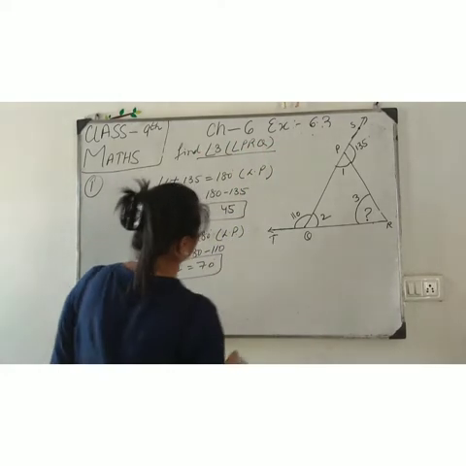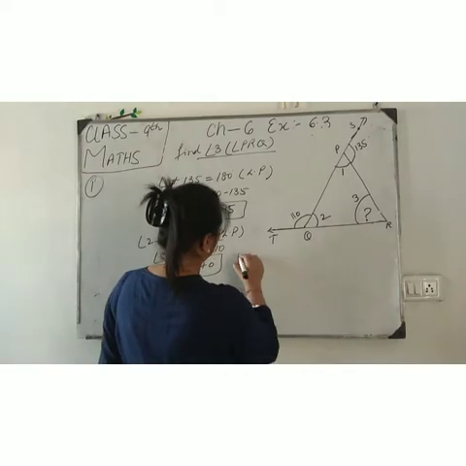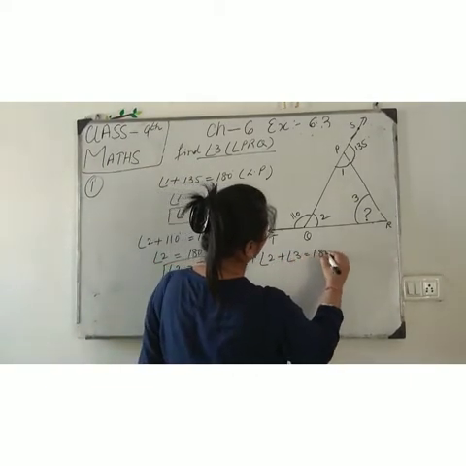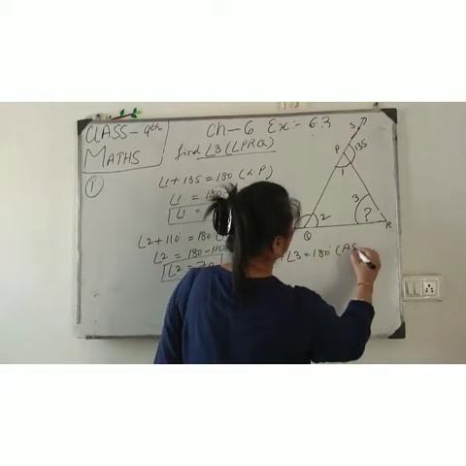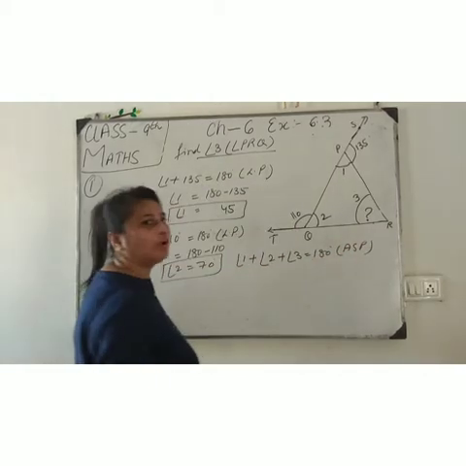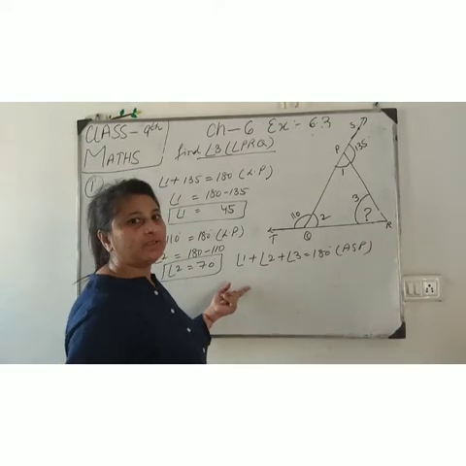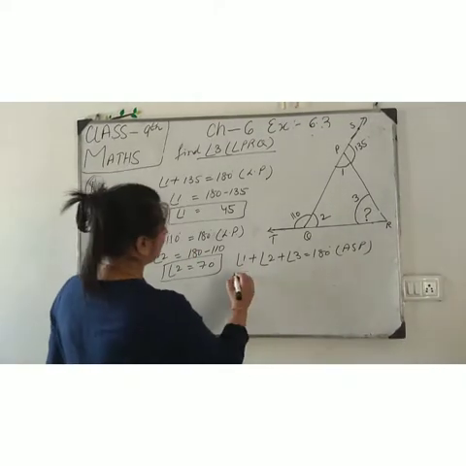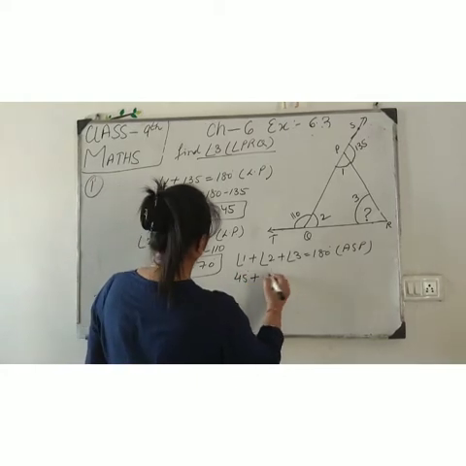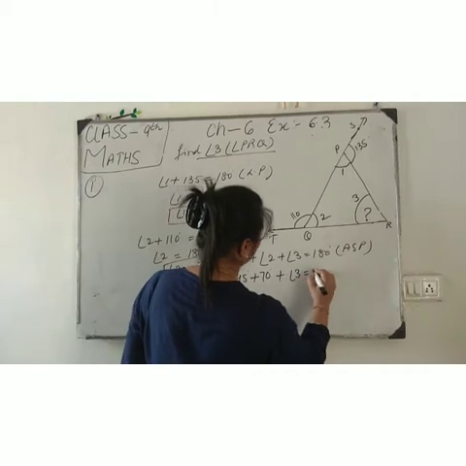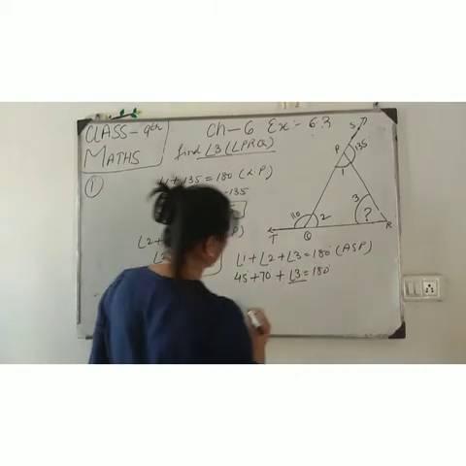I find this angle. Okay, now next, angle 1 plus angle 2 plus angle 3 equal to 180 degrees. Reason: angle sum property. The sum of all angles of a triangle is equal to 180 degrees. We proved it in theorem 6.7. Angle 1 is 45 degrees, angle 2 is 70 degrees. Angle 3 we don't know because we are finding this angle.